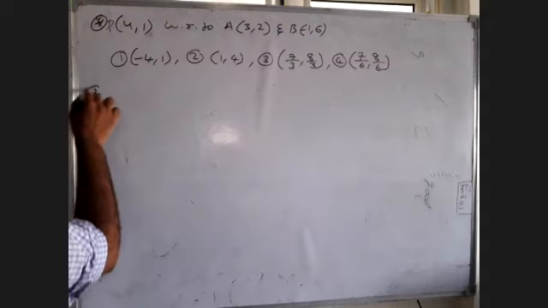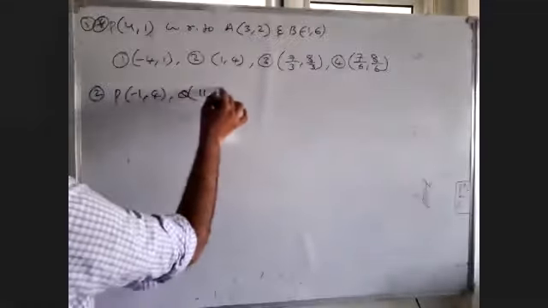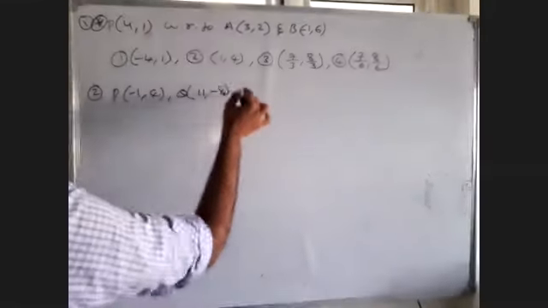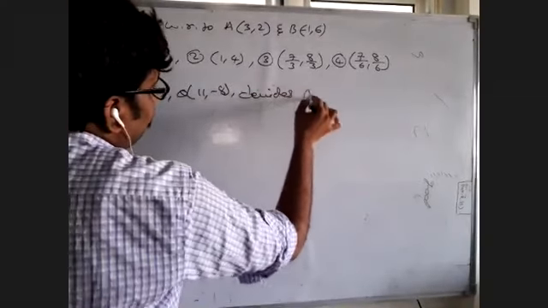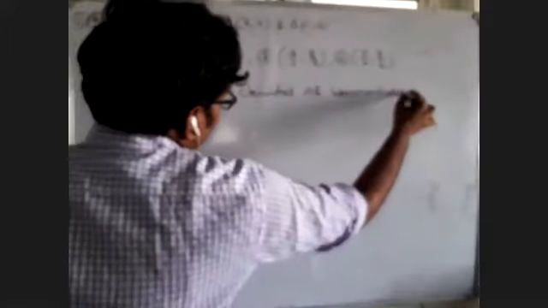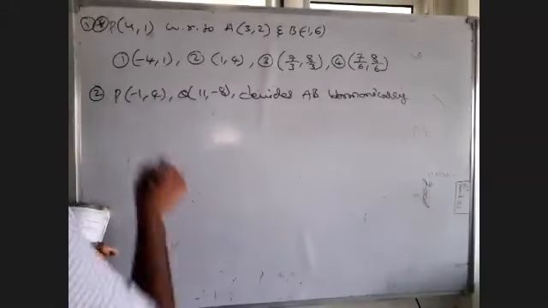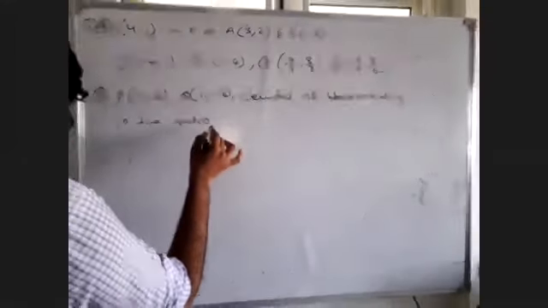Next, P minus 1 comma 4, Q 11 comma minus 8 divides AB harmonically in the ratio 3:2.